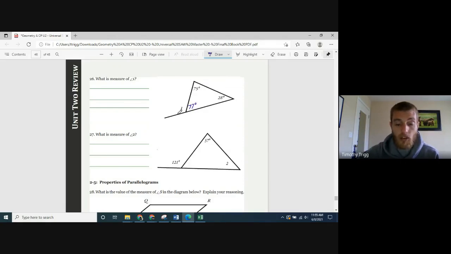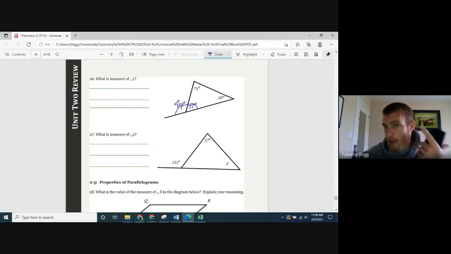Now we can use the fact that this 77 degrees and angle 1 form a linear pair. So that means angle 1 must be 103 because they add to 180 together. You may already notice that 75 plus 28 adds up to 103. That's a pattern you can use to find that quickly.